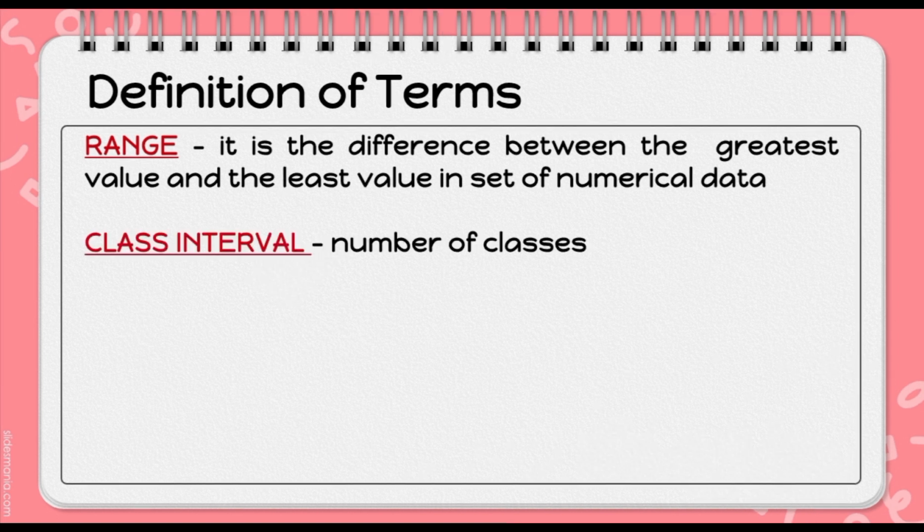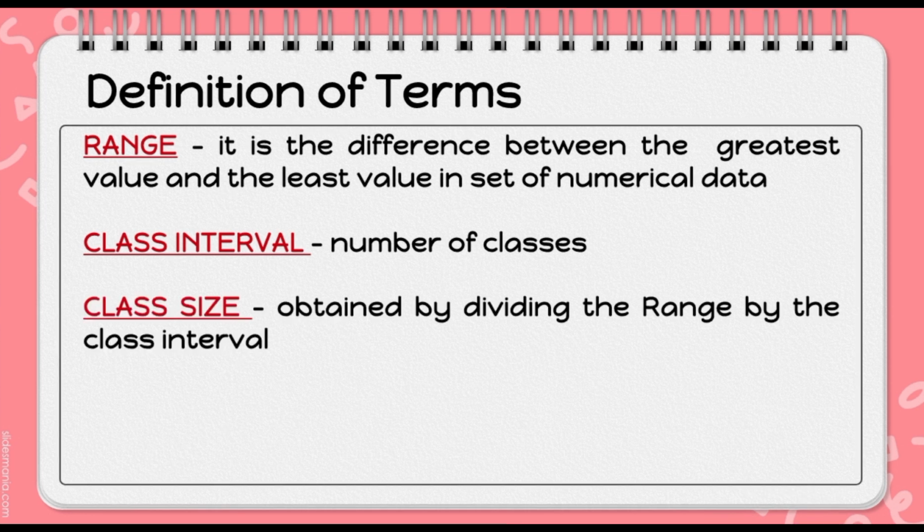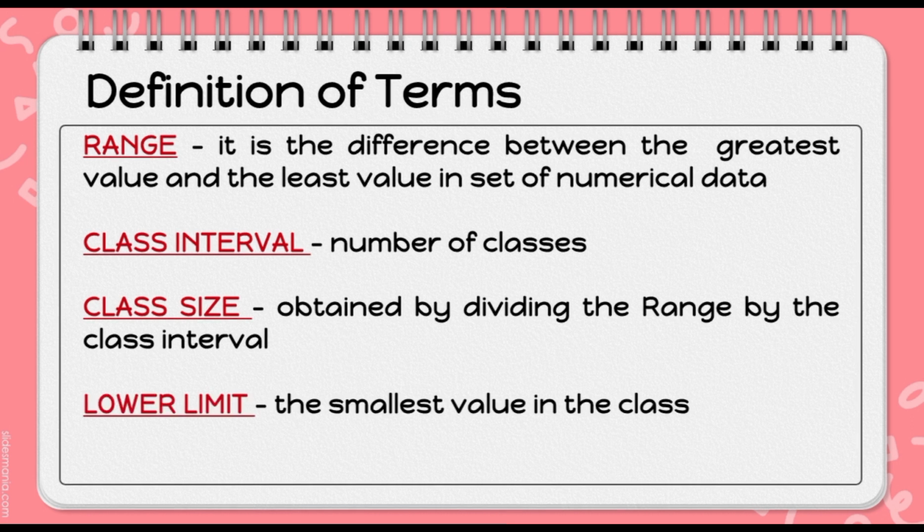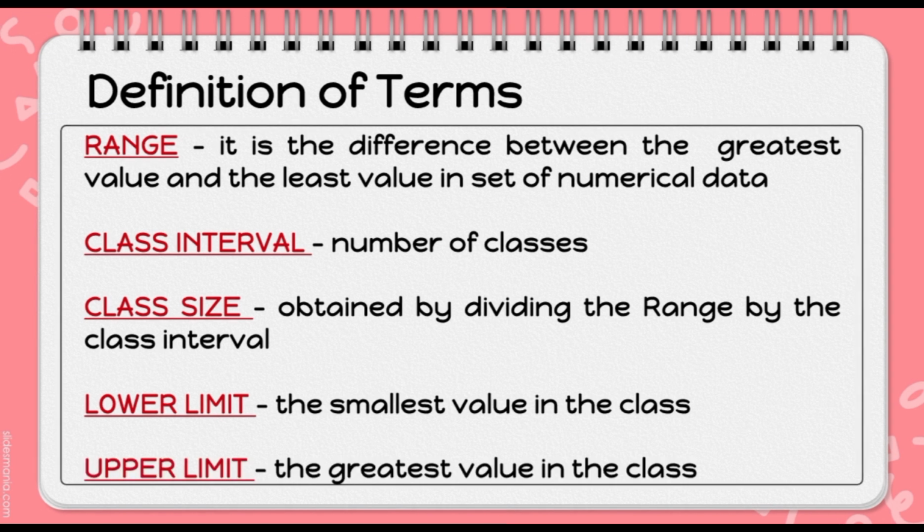When we say class interval, it is the number of classes. Next, we have class size. When we say class size, it is obtained by dividing the range by the class interval. Fourth is lower limit. It is the smallest value in the class. And the upper limit is the greatest value in the class.